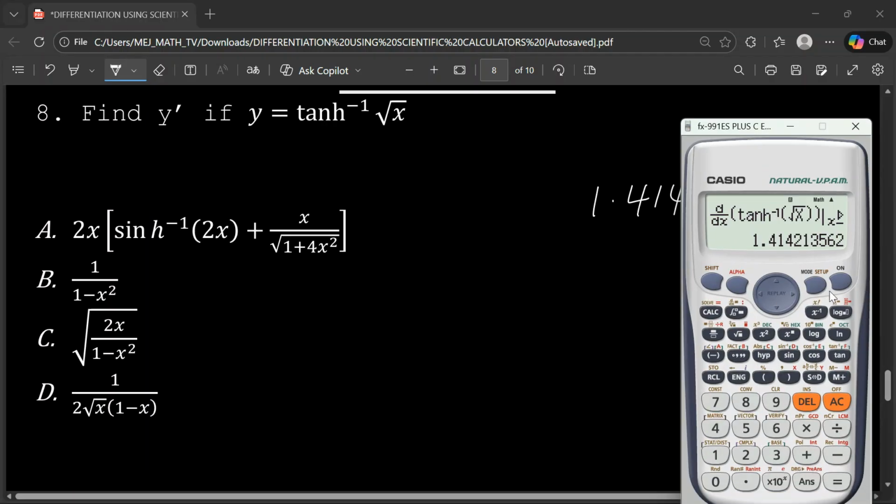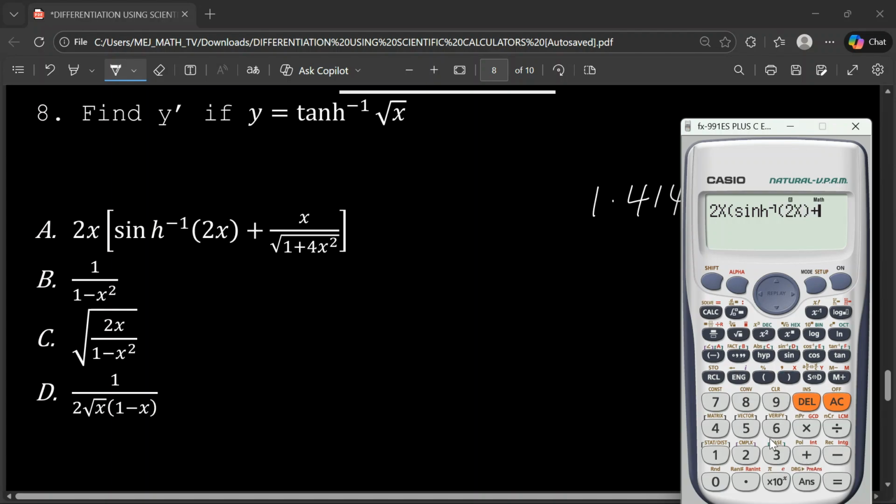So this time around, our x is now 0.5. So we are going to store 0.5 as x. So now x is 0.5. So we can start testing the options. Option A, we are going to have 2 times alpha x multiplying hyperfunction option 4, 2 alpha x, close it.